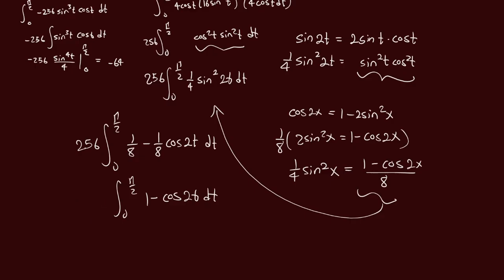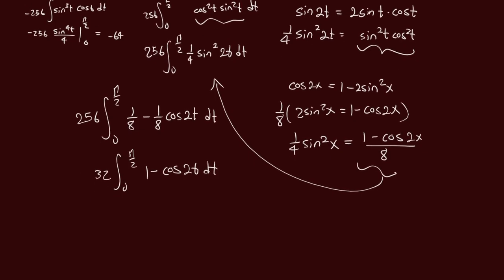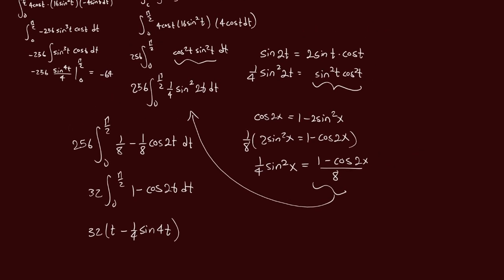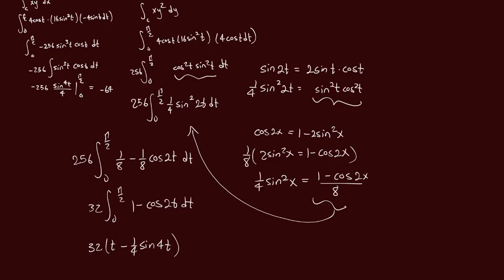And 256 over 8, that's 32. Now we can just integrate this, and that would give us the following. Okay, looks pretty good.